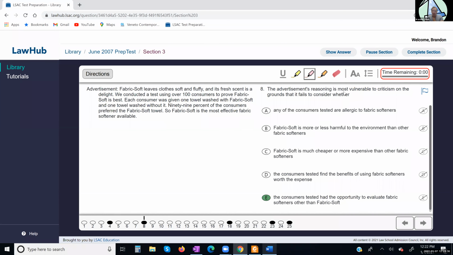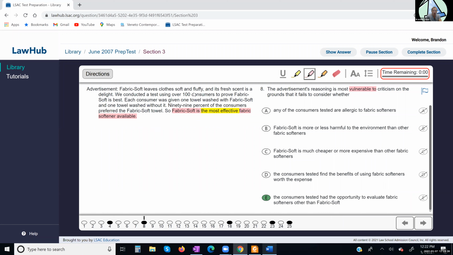Number 8, vulnerable to criticism. So the conclusion here is that it's the most effective. This is not like most, like semi-strong of over 50%. This is the most effective, which is an extreme relative. It means that it's more effective than any other softener. And the problem is the evidence is only comparing this.